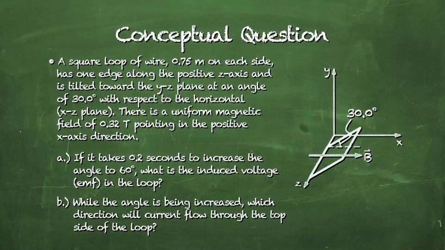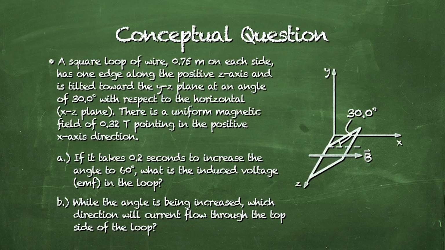A square loop of wire, 0.75 meters on each side, has one edge along the positive z-axis and is tilted towards the YZ plane at an angle of 30 degrees with respect to the horizontal, which is the XZ plane.